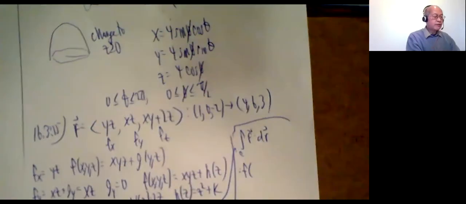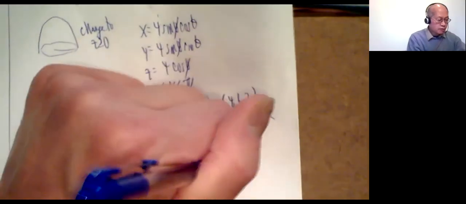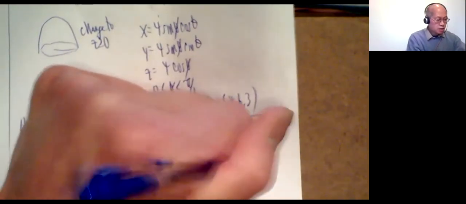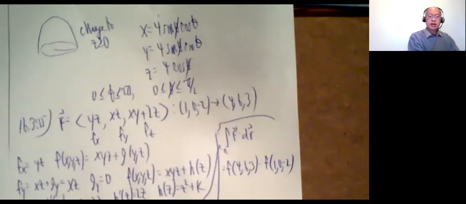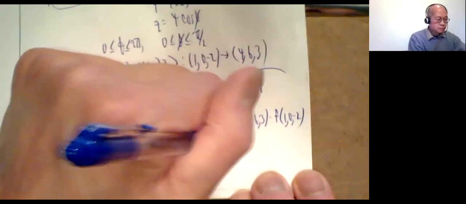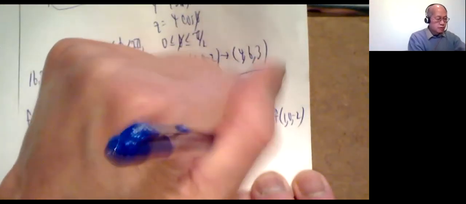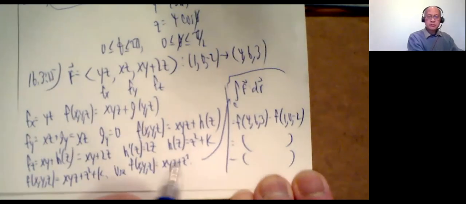So I want f of (4, 6, 3) minus f of (1, 0, -2). And not sure how nice this comes out to be.